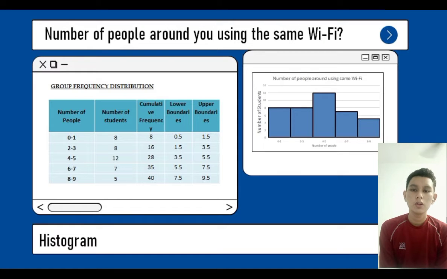For 0 to 1 people around the student we got 8, and 2 to 3 we got 8, and 6 to 7 we got 7, and 8 to 9 we got 5.